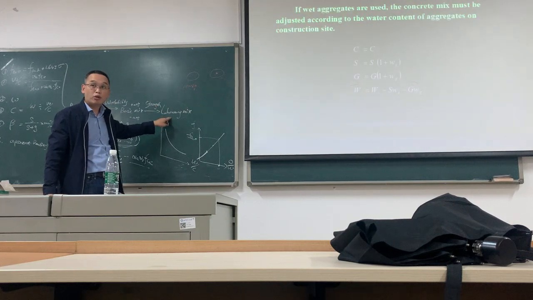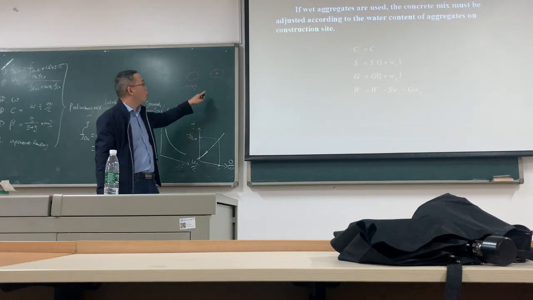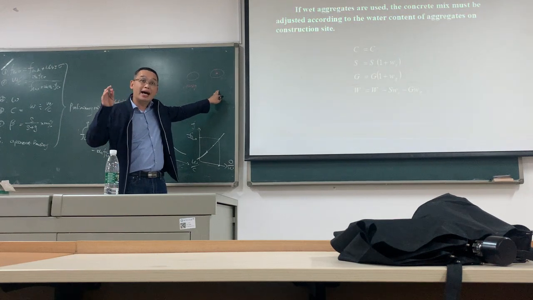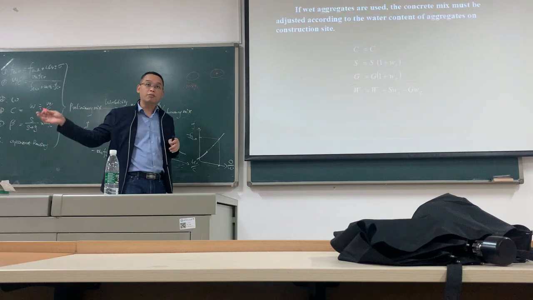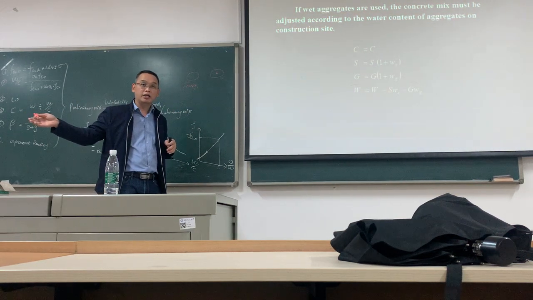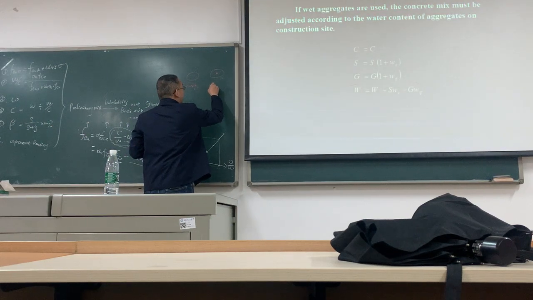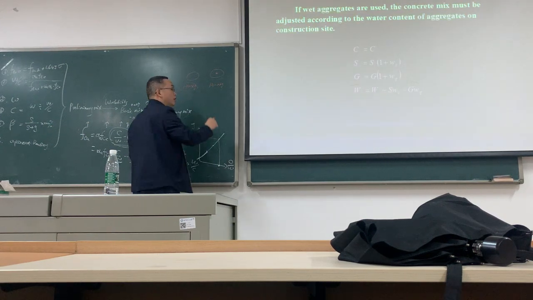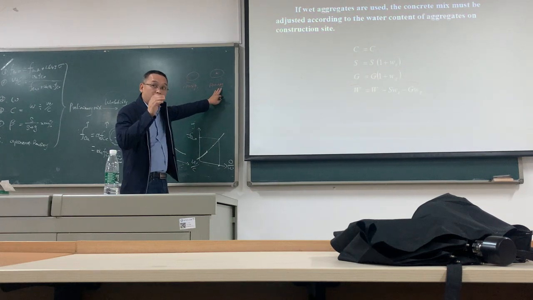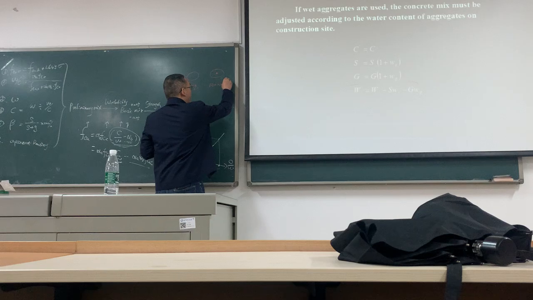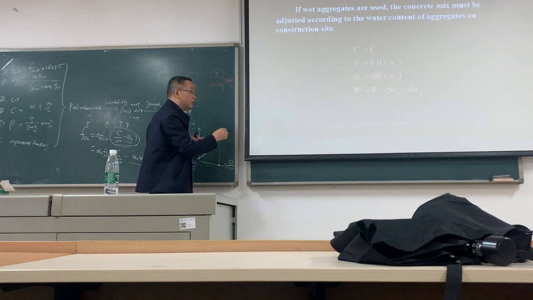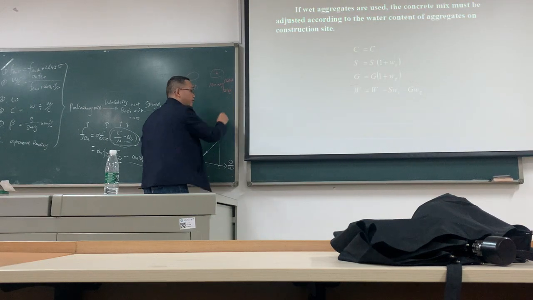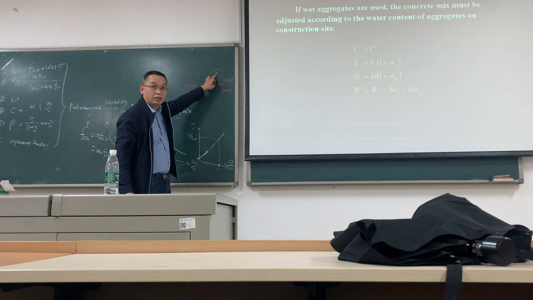If we add this amount from the outside aggregate, actually this amount consists of two parts. For example, this is for the aggregate, but 20 kilograms is the moisture.